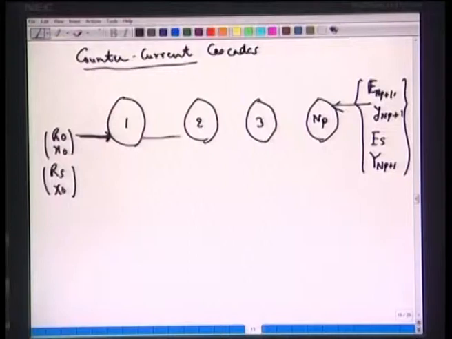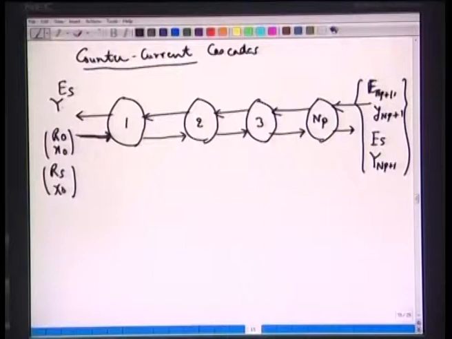So we have the streams like this, and we are following the same nomenclature. That means here we can write ES will remain the same as what enters here, and we can use capital Y1. So Y1 means this subscript denotes it originates from stage 1.